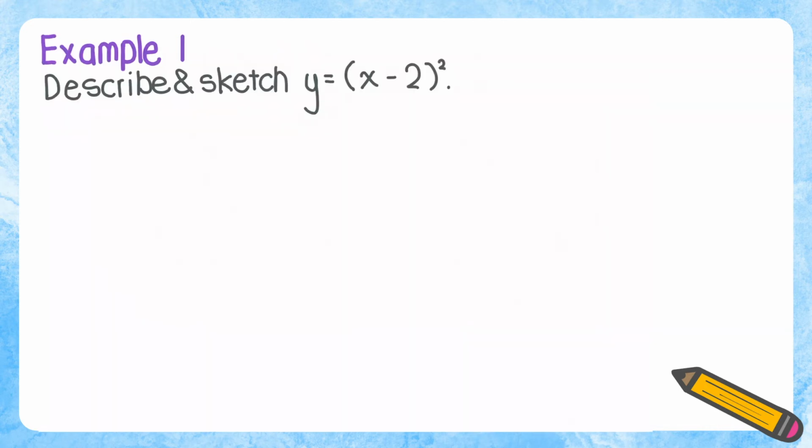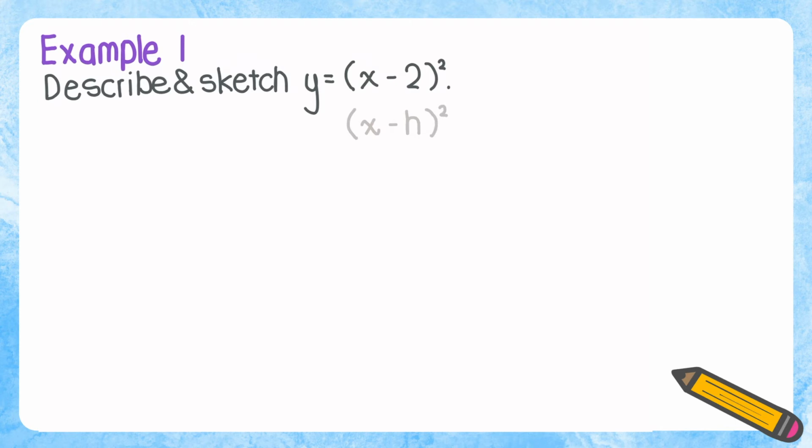So here I'm asked to describe and sketch y equals x minus 2 quantity squared. Let me write out that form with parameter h to see if it's an exact match. So x minus h quantity squared.